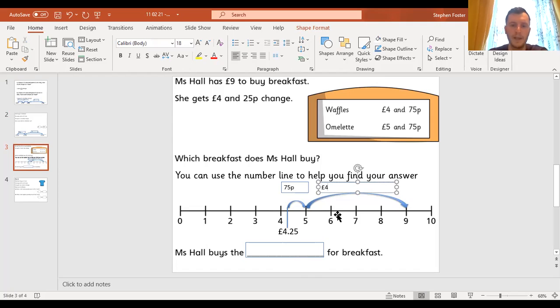So she's spent £4.75 in total, which gave her £4.25 change. So what did she buy? If she spent £4.75, what did she buy? She must have had the waffles because they cost £4.75. So the answer would be waffles.